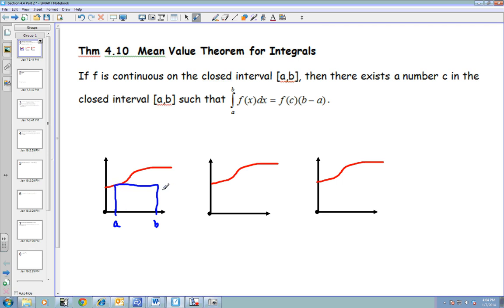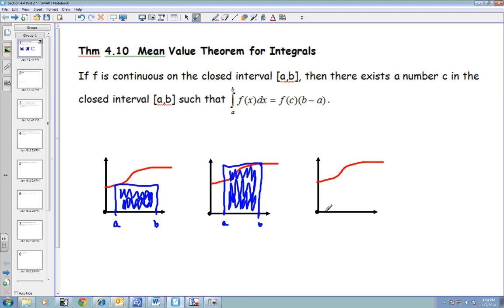This is also called an inscribed rectangle, and its area is going to be an underestimate of the actual area under that curve. Again, if I have that same closed interval from a to b, but this time I use a circumscribed rectangle, or RRAM, this is going to give me an overestimate of that integral from a to b.